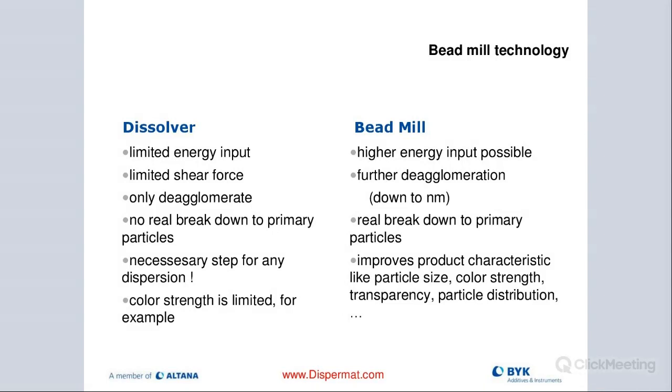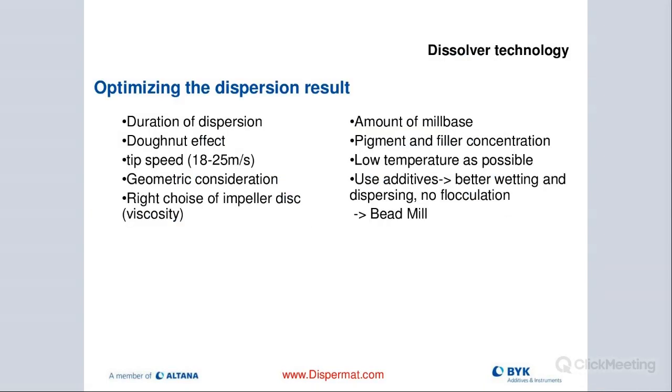It's for further deagglomeration. Again, with the right bead mill setup, we can go down to sub 100 nanometers, no problem. And that's where we really get down to the primary particle size. By doing so, we will have a much better color strength, better transparency, gloss is heavily improved, and we also get a much better particle size distribution as a result.